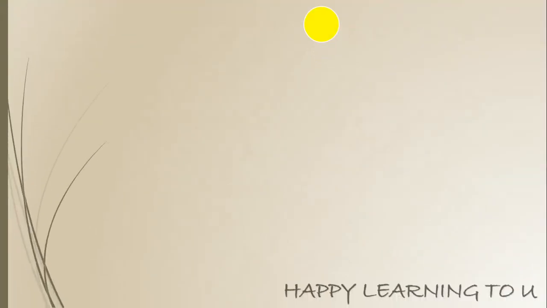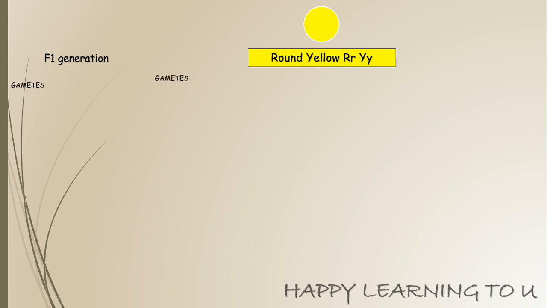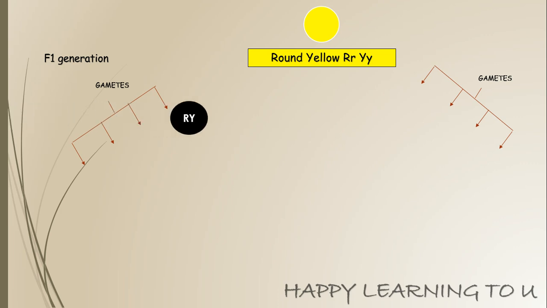Now next, what he did with this round yellow offspring was selfing this F1 generation. So for round yellow, what are the gametes in this case?